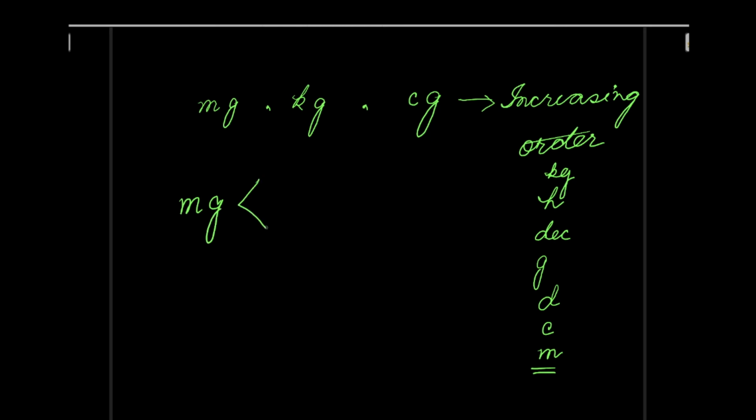So after that centi, cg, then kg. So this is the increasing order. That means milligram first it will come, then in comparison to milligram, centigram is little bit large, then in comparison to cg, kg is little bit more large. Okay, so for that you have to remember this one.